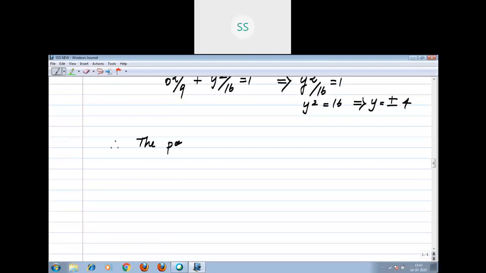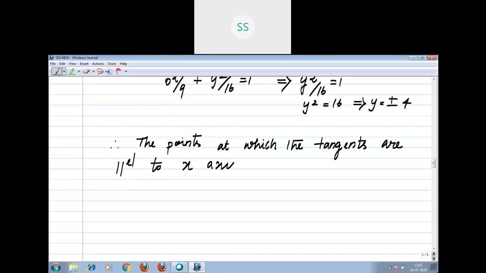Therefore, the points at which the tangents are parallel to x-axis, where x is 0, you have to take two results of y: 0 comma 4 and 0 comma minus 4, right?